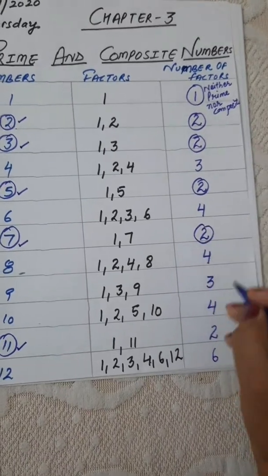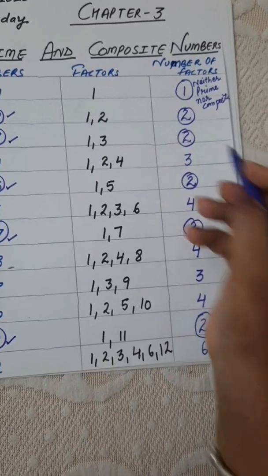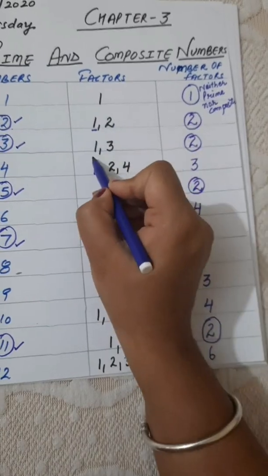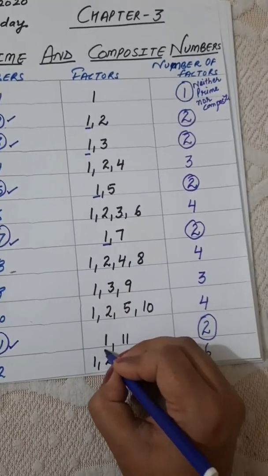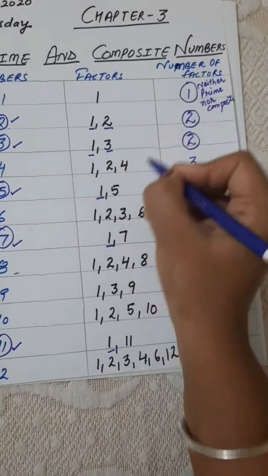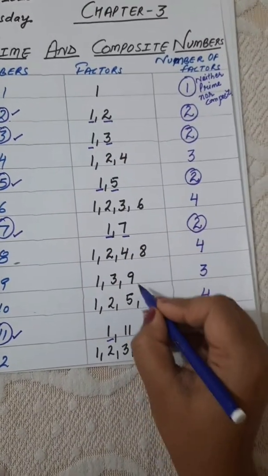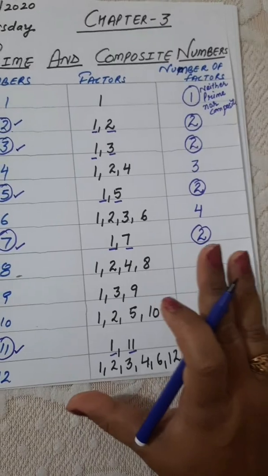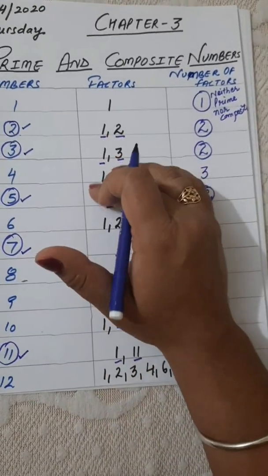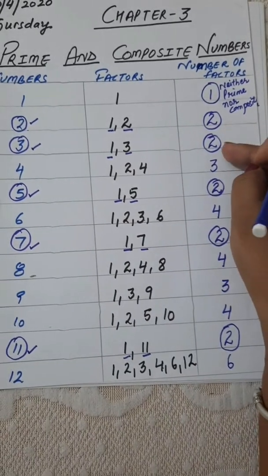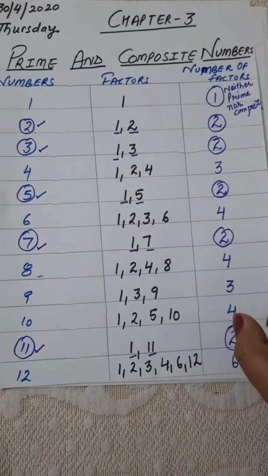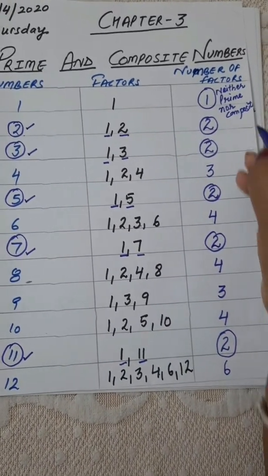In each case we have only 2 factors, and here 1 is the common factor. In all the cases 1 is the common factor, and the number itself. So if we have 1 as a factor and the number itself, and we have only 2 factors, then such kind of numbers are prime numbers.